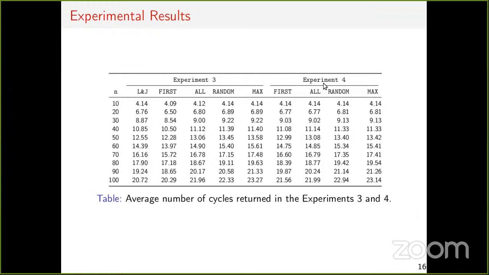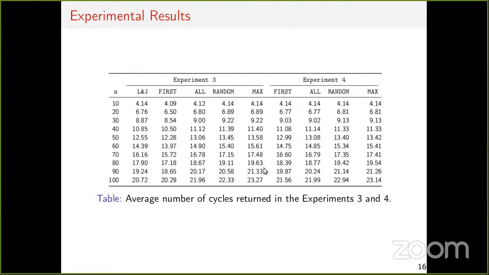For the fourth experiment, the results remain: the presented approaches were better than the Lin-Jiang approach, and again, forcing the use of the short cycles of Lin-Jiang makes the max variation yield worse results than when it's not forced to use the short cycles.